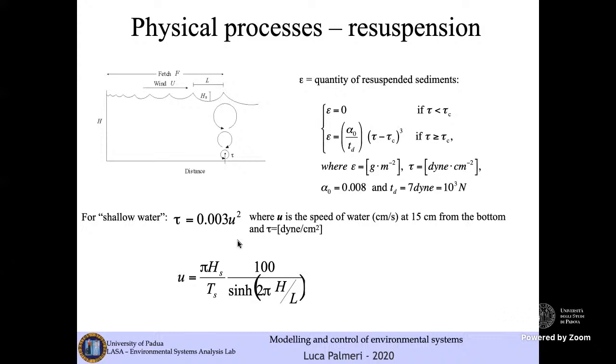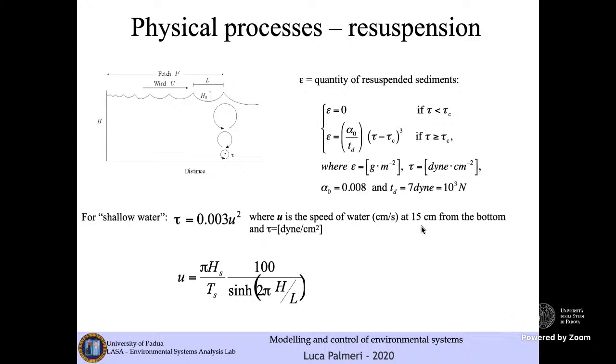For a shallow water body, we may find an empirical relationship that gives us an estimation of shear stress tau as 0.003 times the square of the water velocity u. U is the speed of water in centimeters per second at 15 centimeters from the bottom, and tau is a force expressed in dyne per square centimeter.